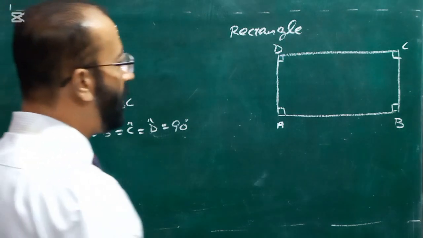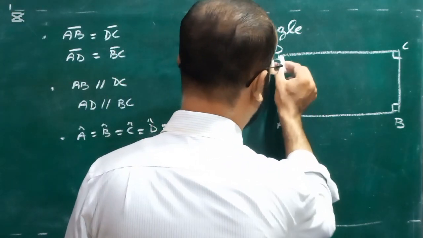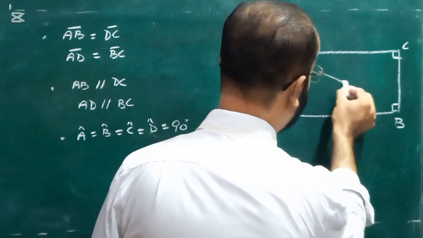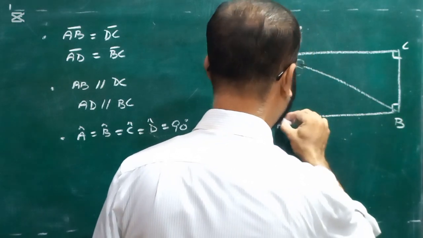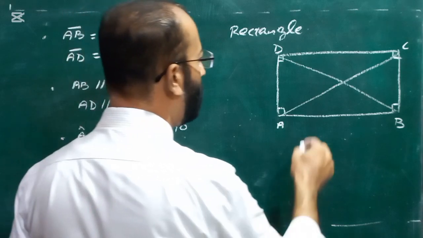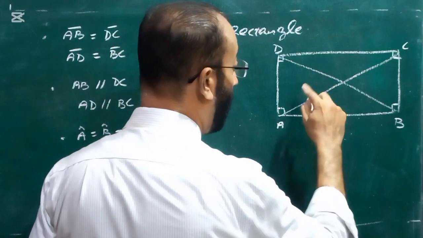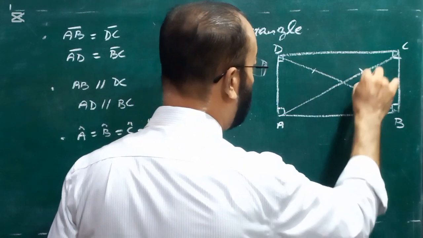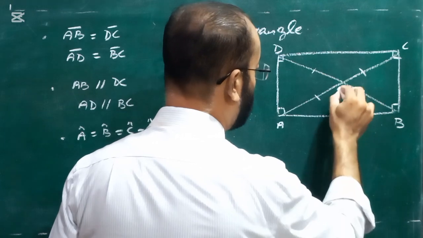The next property which is applied in this rectangle figure is if we draw the diagonals, they will bisect each other and all the four parts will be equal.